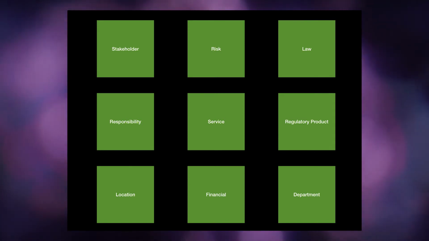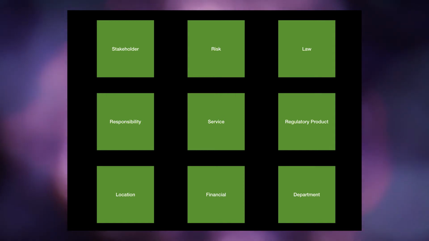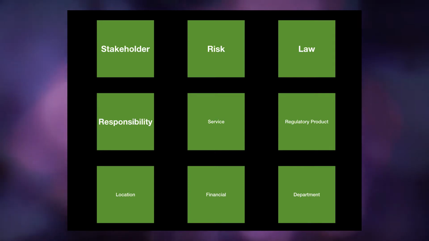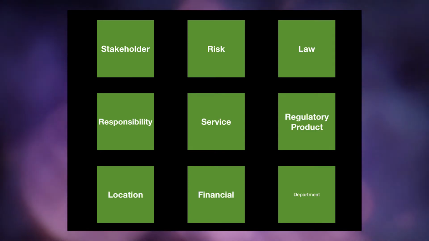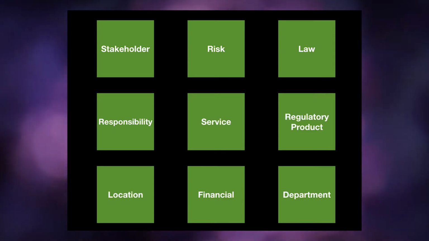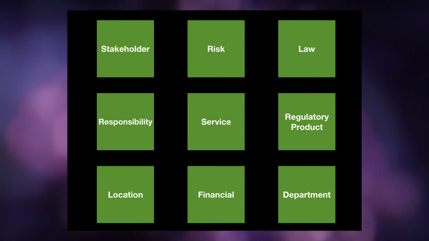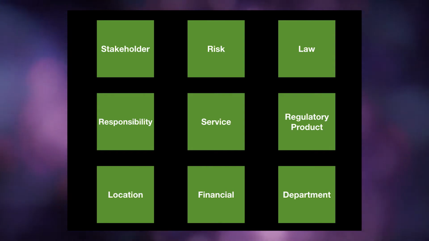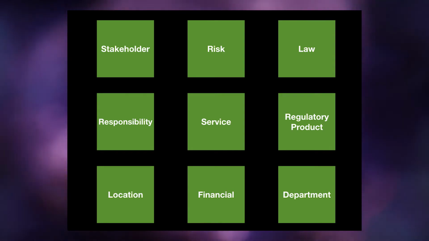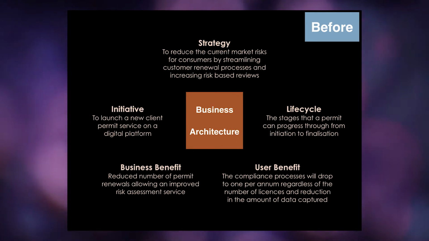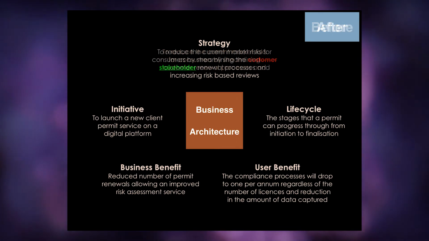So this is my enterprise data model, and it defines my key 9 nouns: stakeholder, risk, law, responsibility, service, regulatory, product, location, financial, department. Maybe it's not a very good data model. It's the best I could do. So what I did was I then went through someone's sentences and fixed all the nouns. All right. So customer is an undefined word, not going to have it. Change it to stakeholder.